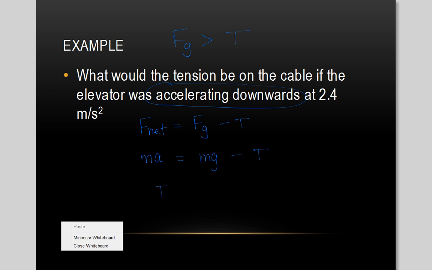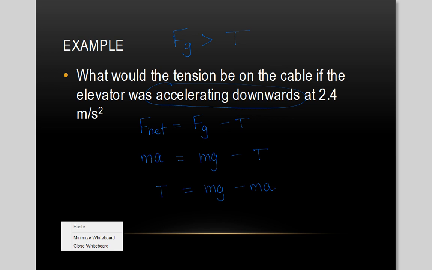Now T goes over to the other side. Are you guys okay with that algebra? All I did was change F net to ma, Fg to mg, and then isolate for T in the last step. Negative T on the right becomes positive T on the left. Positive ma on the left becomes negative ma on the right.